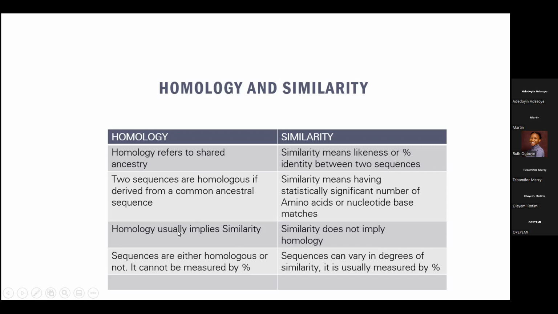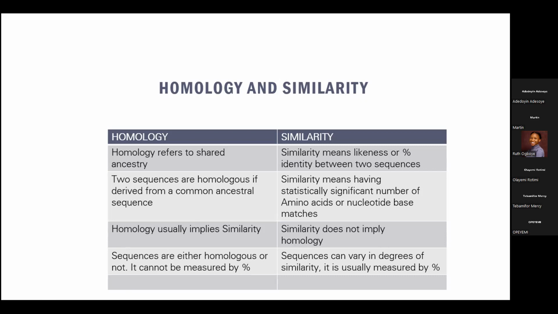Homology usually implies similarity. For you to have shared ancestry, you would have similar sequences. But for you to be similar does not necessarily mean that you have the same shared ancestors. So similarity doesn't imply homology. Sequences are either homologous or not.